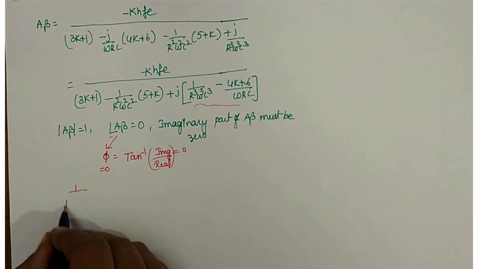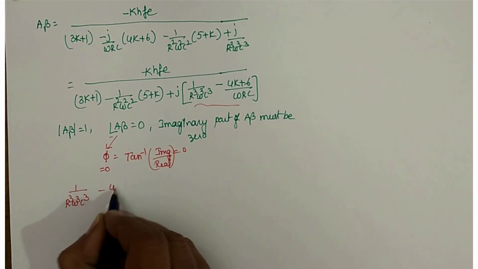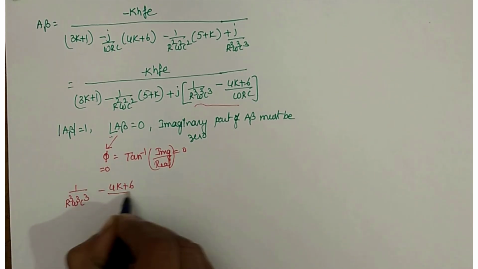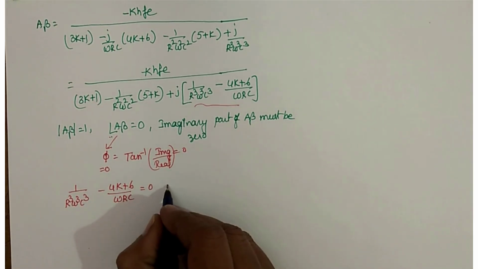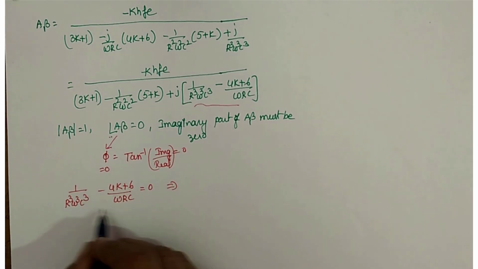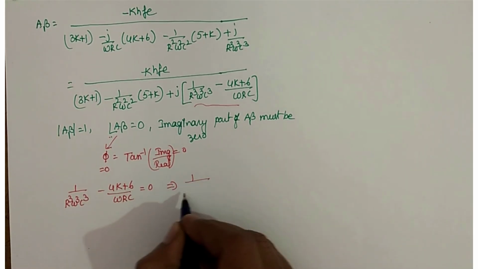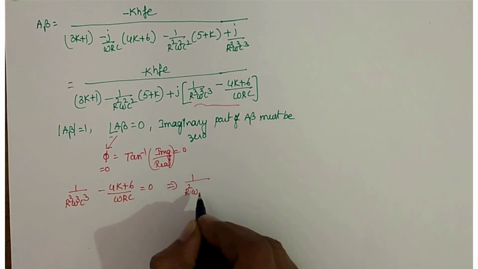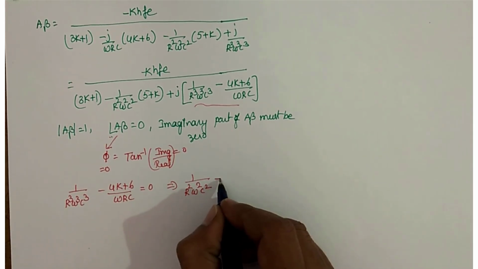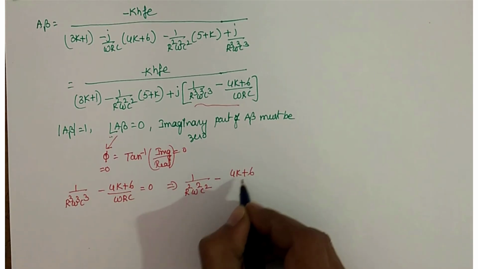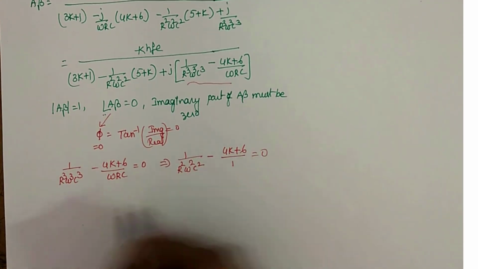So take it as 1 by r cube omega cube c cube minus 4k plus 6 by omega rc is equal to 0. It implies you can cancel 1 by omega rc in both the terms. So it is 1 by r square omega square c square minus 4k plus 6 by 1 is equal to 0.